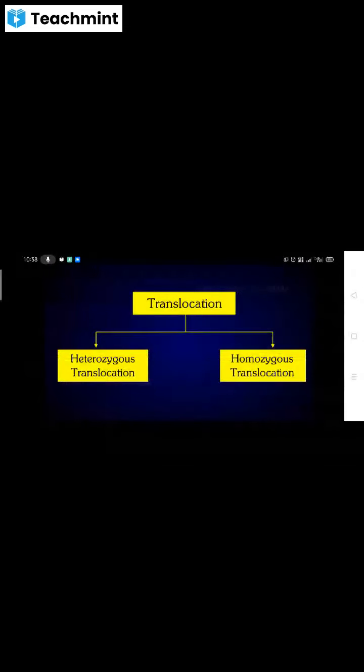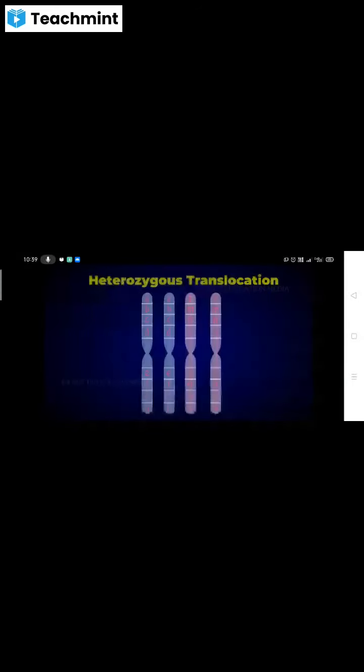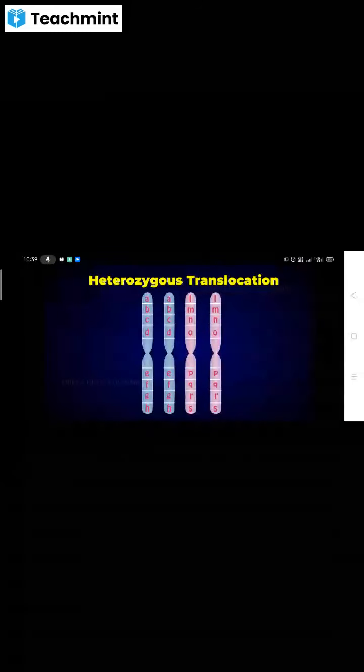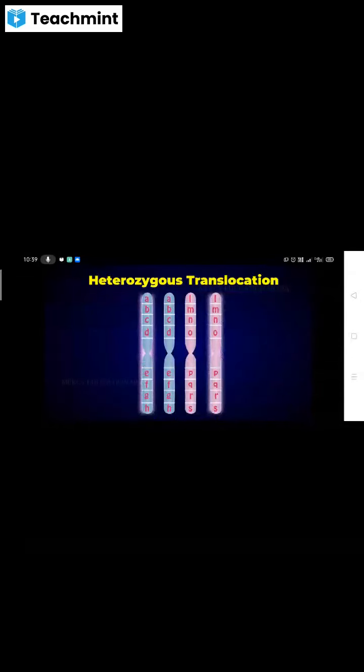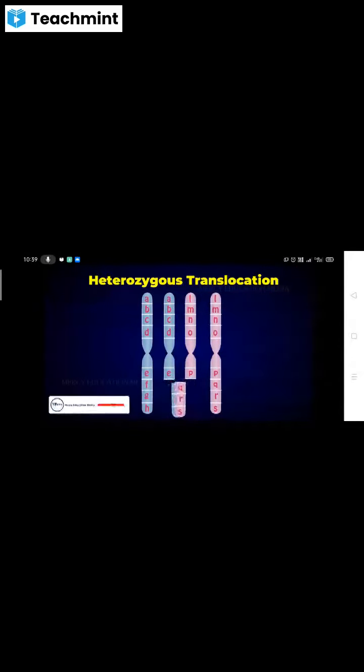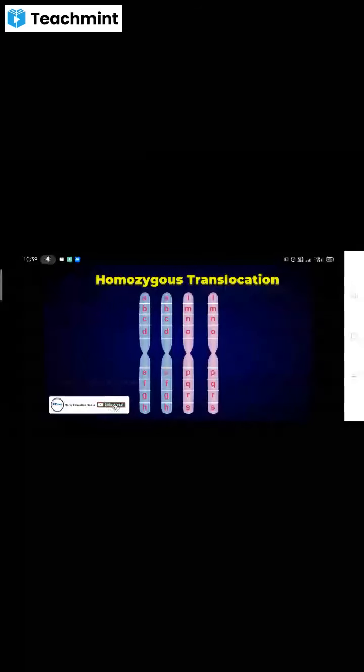Translocation is again differentiated into heterozygous and homozygous translocation. In heterozygous translocation, the sequence from non-homologous chromosomes is changed, and in homozygous translocation, the same sequence is changed in both homologous chromosomes.